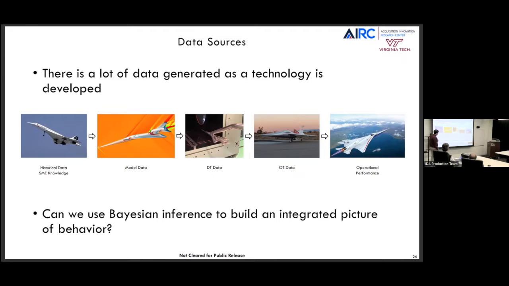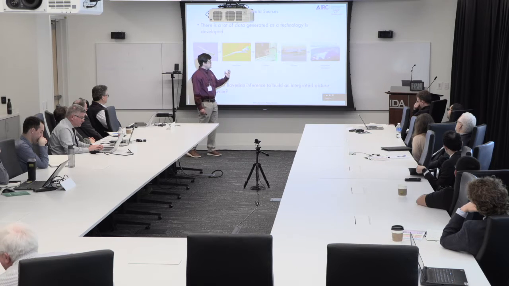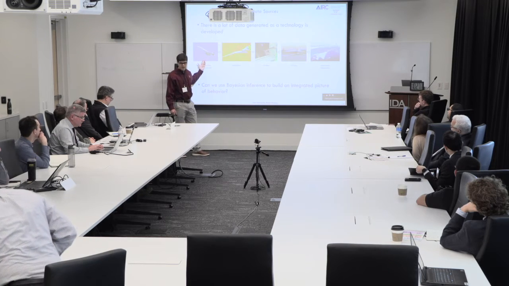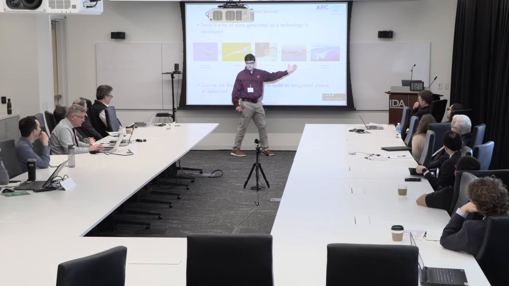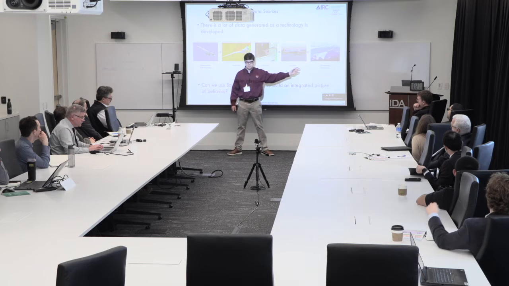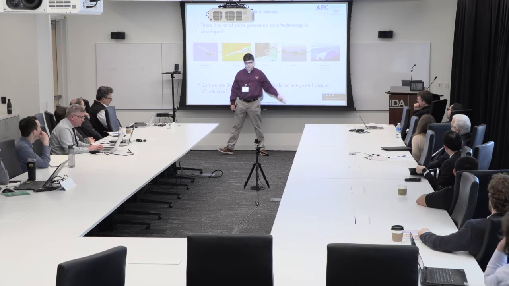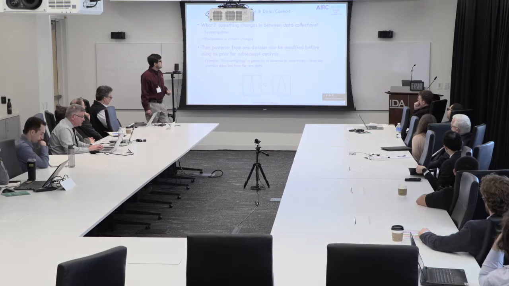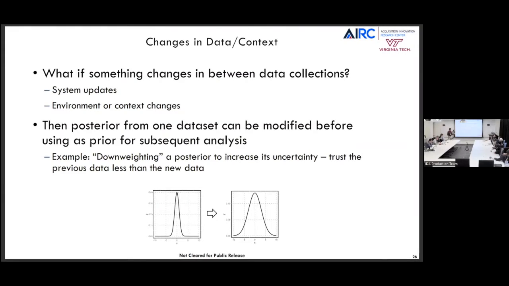So we don't want to treat data from this or data from this as equivalent to data from over in this range. We want to maybe trust this data more. So people are thinking about how to do that translation.